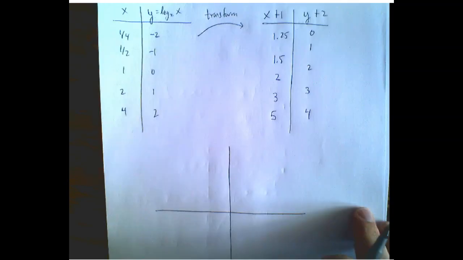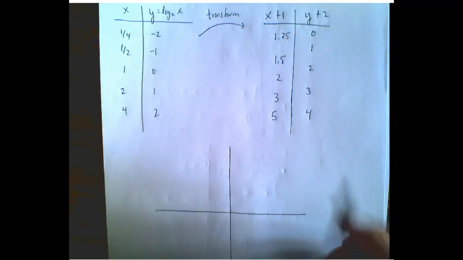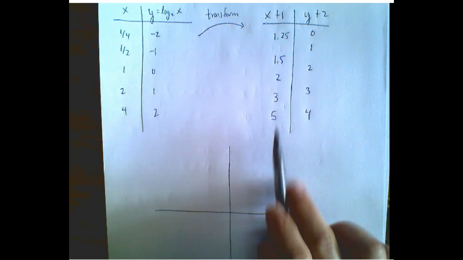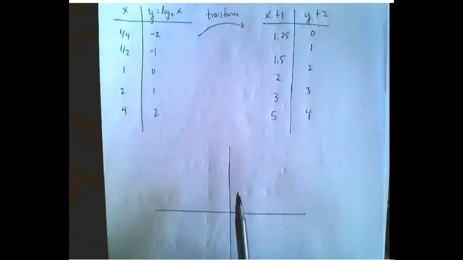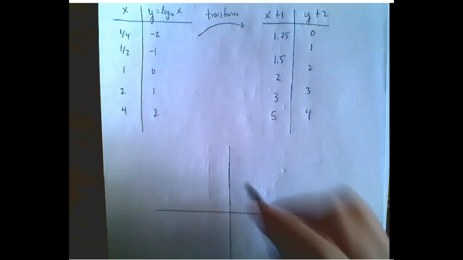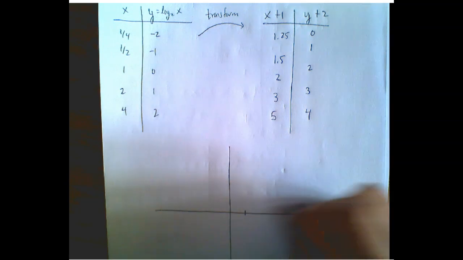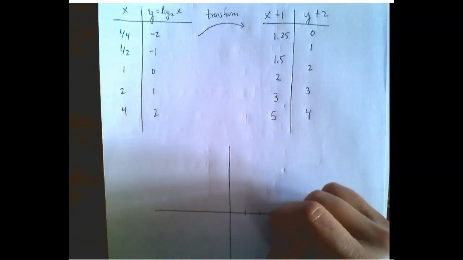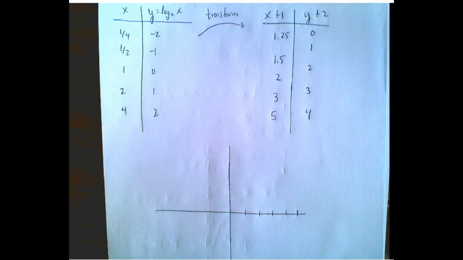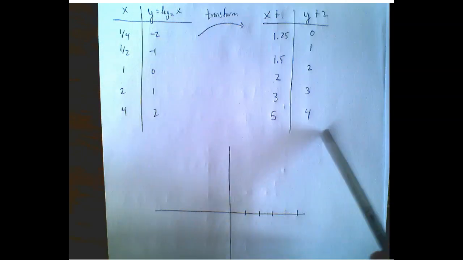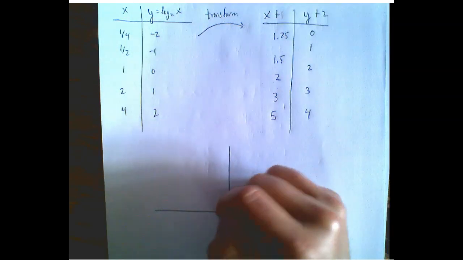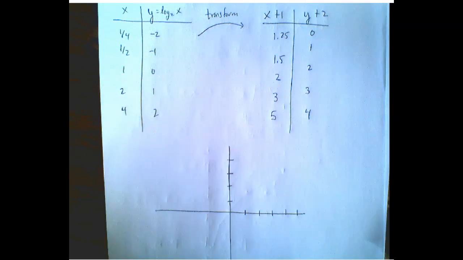All right, and then we just have to graph those points. So our x's range from looking like a little past 1 to 5. And our y's looks like all positive. Okay.